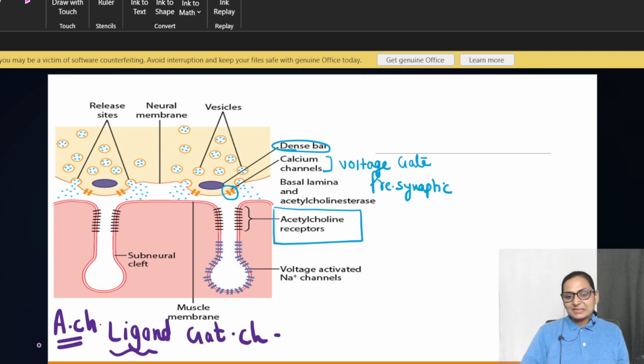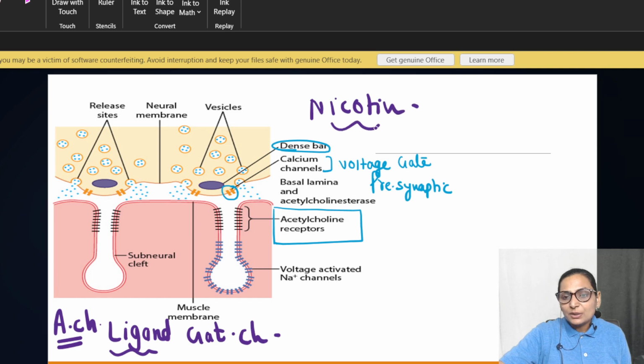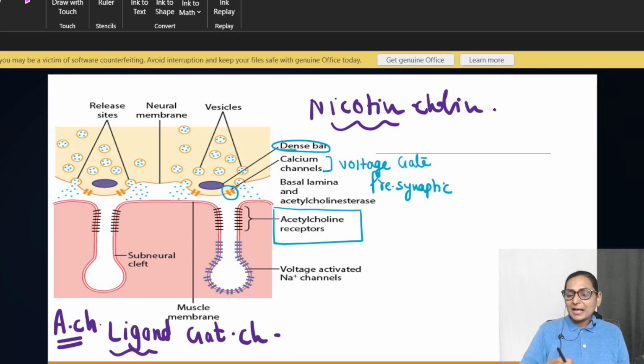So specifically you have to remember that presynaptically you have voltage gated channels, and postsynaptically you have ligand gated channels, which are acetylcholine gated channels, called acetylcholine gated or nicotinic cholinergic channels. You know that acetylcholine has two receptors, nicotinic and muscarinic. So the receptors present here are nicotinic cholinergic receptors, right?